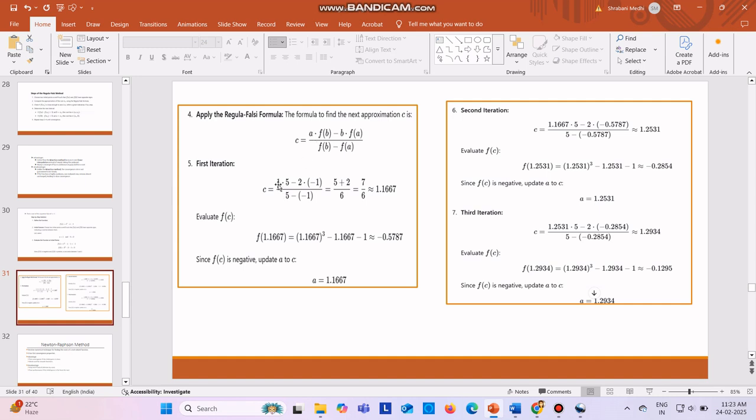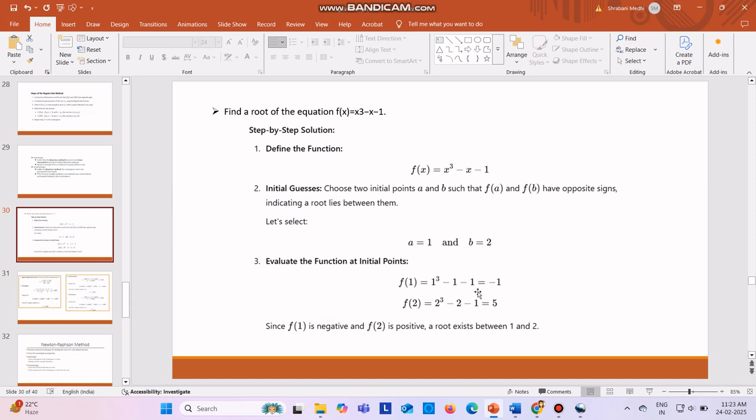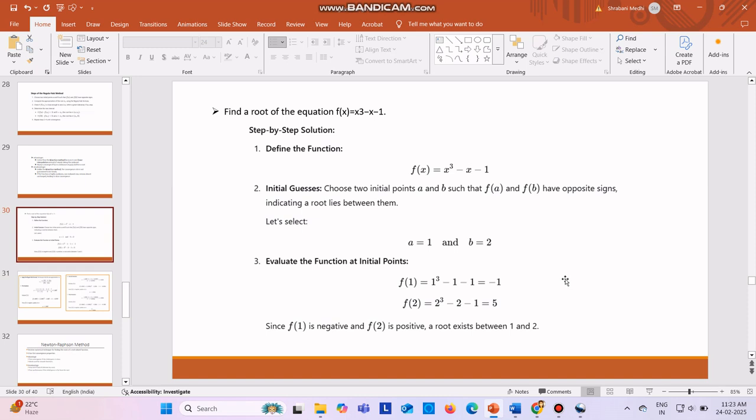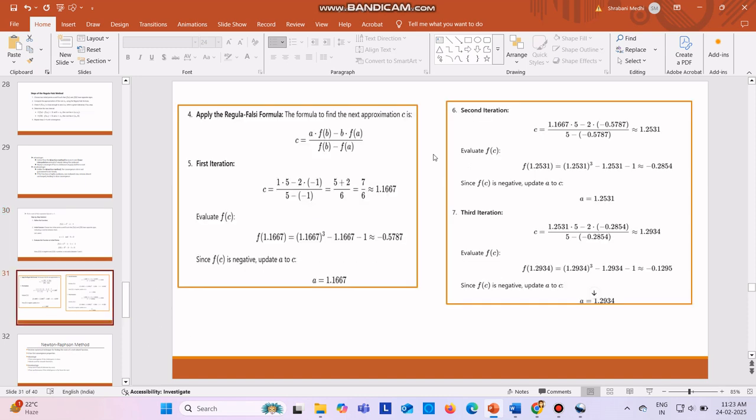What is the value of a? It is 1. What is f(b)? We got 5, so we put 5 here, minus b, which we took as 2. And what is f(a)? We got −1. Put it in the formula, and we get 1.1667. This is the value of c.